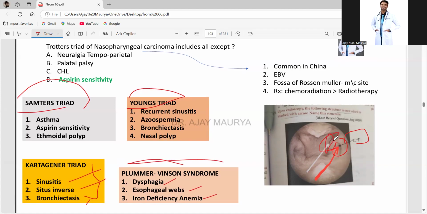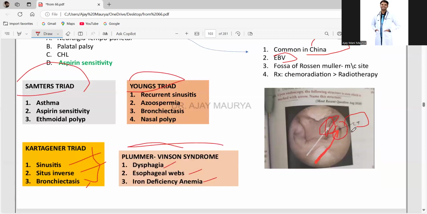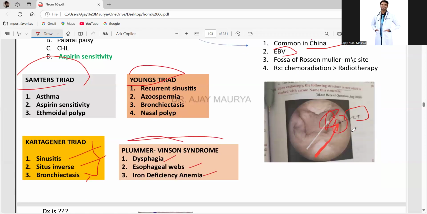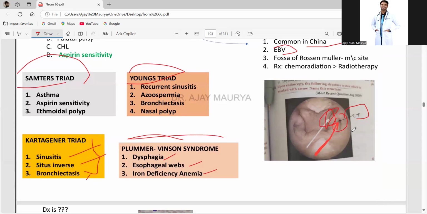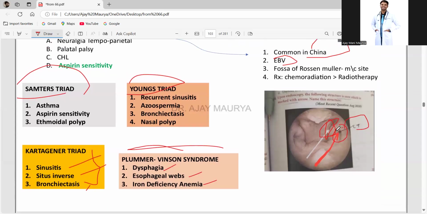It is nasopharyngeal carcinoma. It's more common in China. I think everyone knows about China. There is a history of EBV virus, and this one is the ED2B.